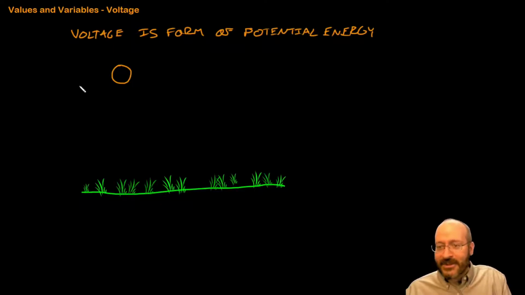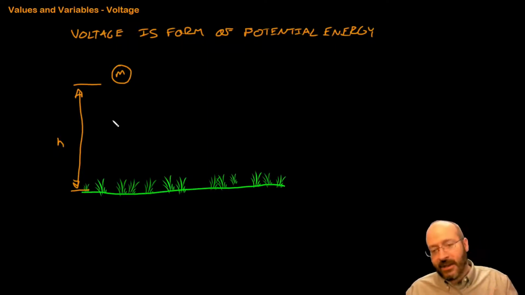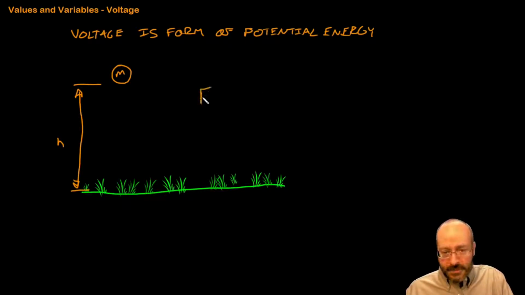All right, so what we're interested in is the height above the ground. We're going to call that h, lowercase h for height. The ball itself might have some mass, and then depending on what planet you're on, there's going to be some gravitational constant. So we would talk about that potential energy as capital E equals mgh.